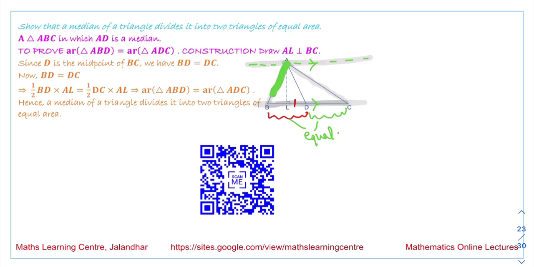One is the triangle ABD and the second is the triangle ADC. Both these triangles have equal bases, and they lie between the same parallels. So both these triangles will have equal area, and this is what we have to prove.